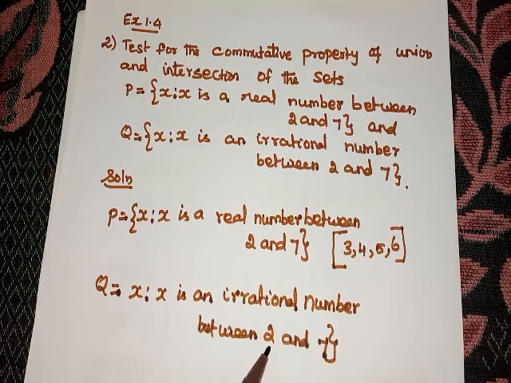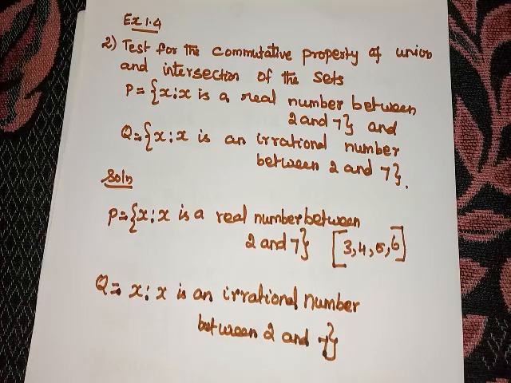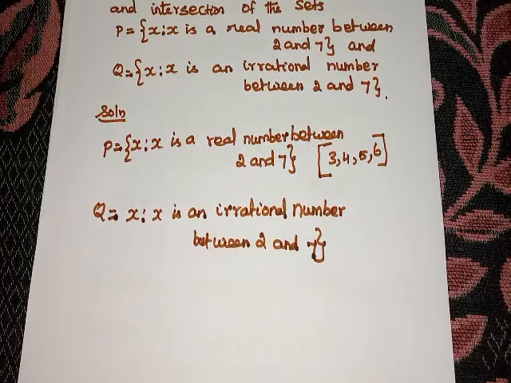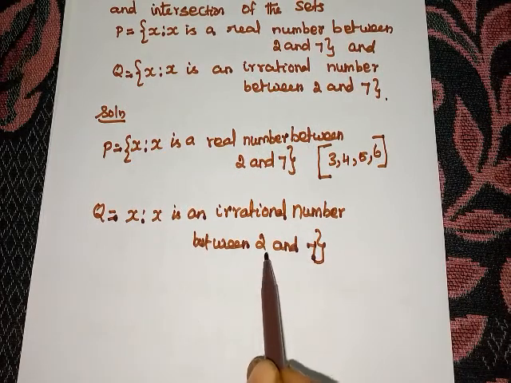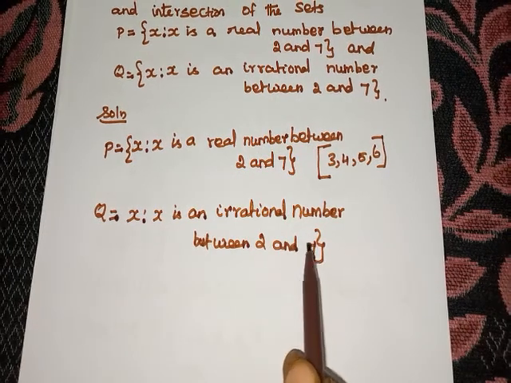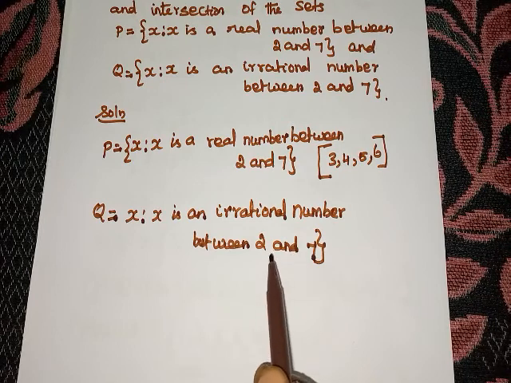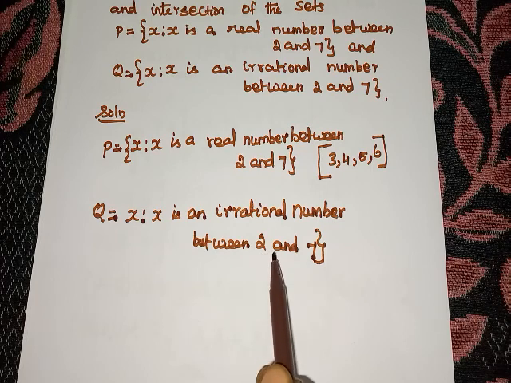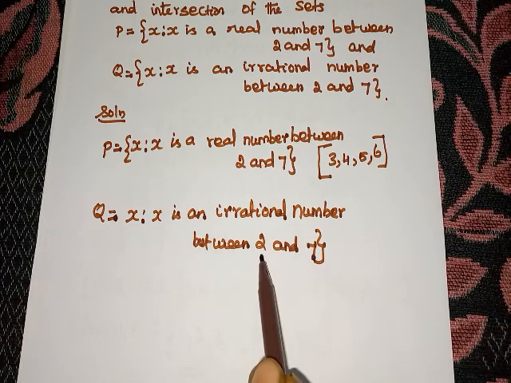So in between, what is the value of root 2 here? Irrational means root numbers, except perfect square numbers. Remaining numbers we have to take. So first root 2, here in between 2 and 7, above 2, below 7. Root 2 value is 1.414, etc., so root 2 cannot be taken. Root 3 also, 1.732, etc. Root 4 value is 2, so above root 4, the next value we have to take.